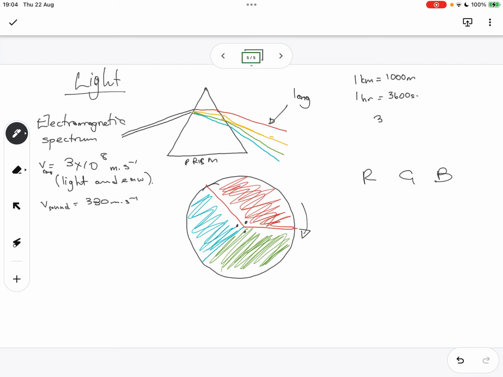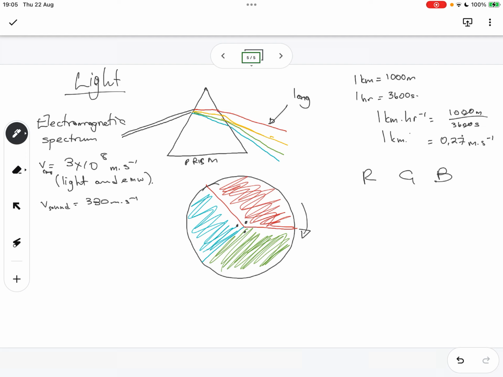So 1 kilometer per hour equals 1,000 meters divided by 3,600 seconds, which is 10 divided by 36, so 0.27 recurring meters per second.